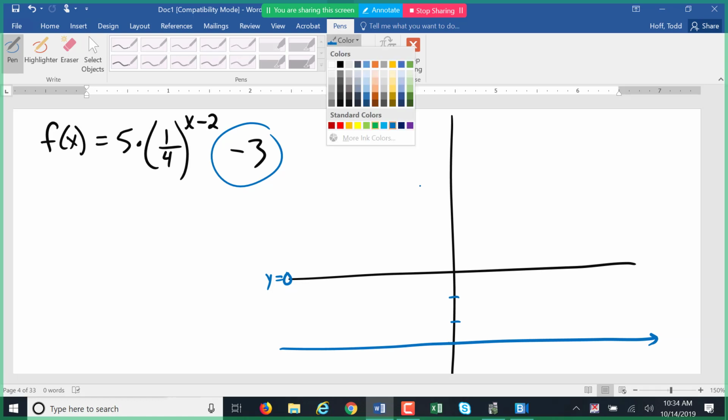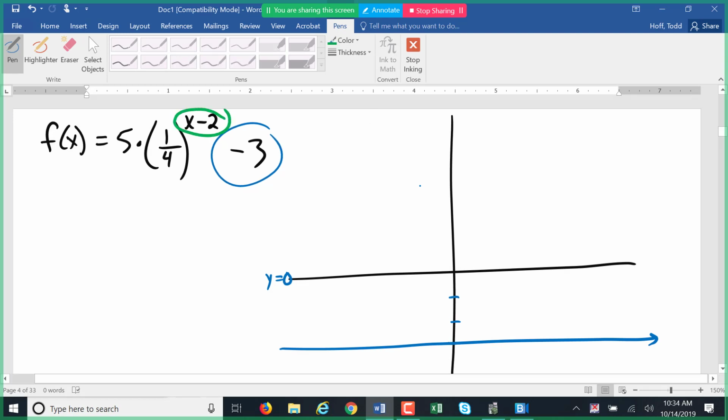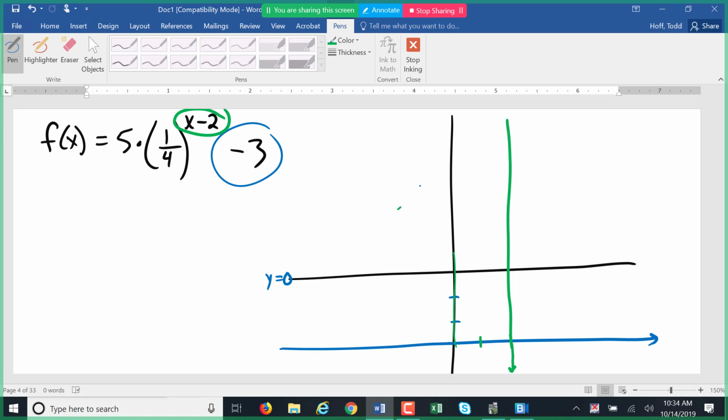Second thing that happens, right here, x minus 2. So instead of crossing at the y-intercept, it's going to be over here at x equals 2. Basically, we've moved the y-axis over 2 spots. The 5, now it's positive, which means we are above the horizontal asymptote.